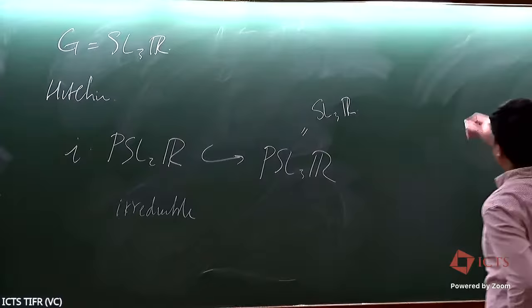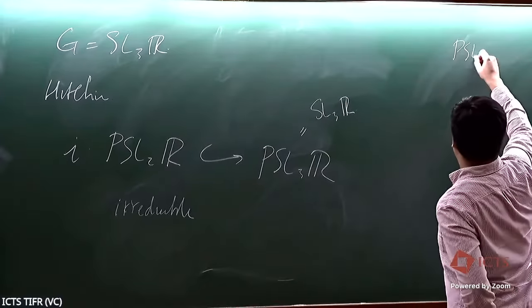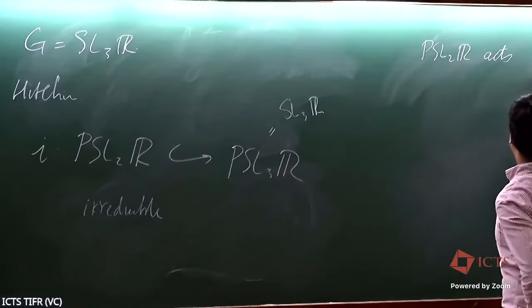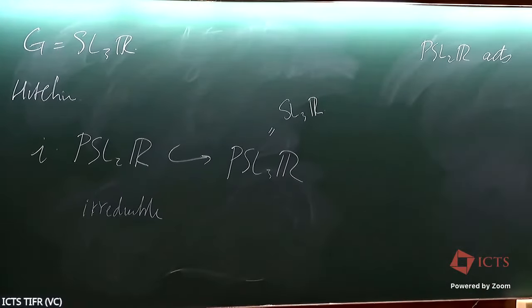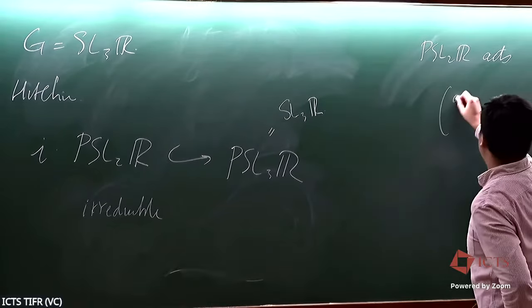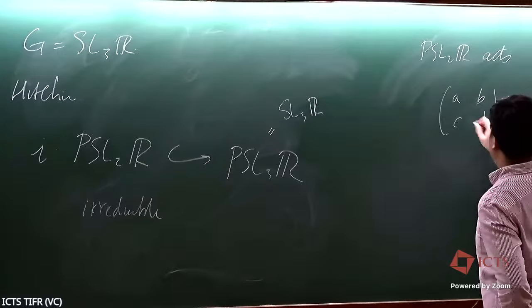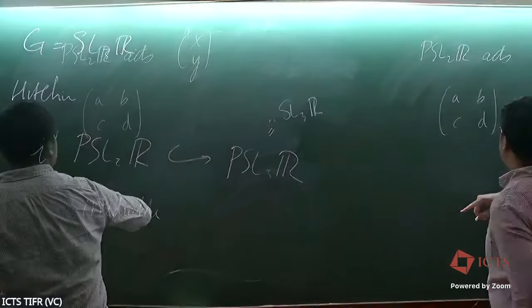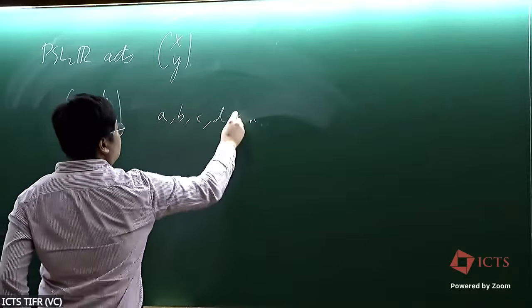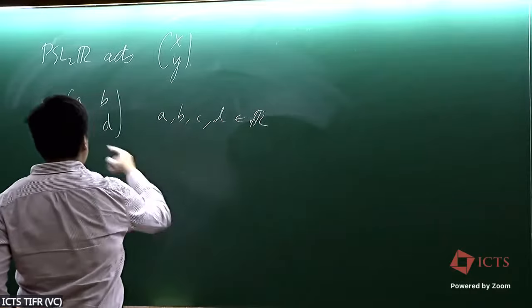So, of course, PSL2R acts on pairs, so I can look at variables x and y. PSL2R will act on them. So if I have A, B, C, D, the determinant condition: A, B, C, D are real numbers, and the determinant is plus or minus 1.